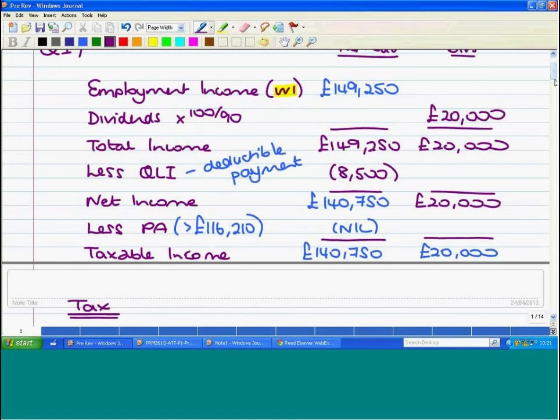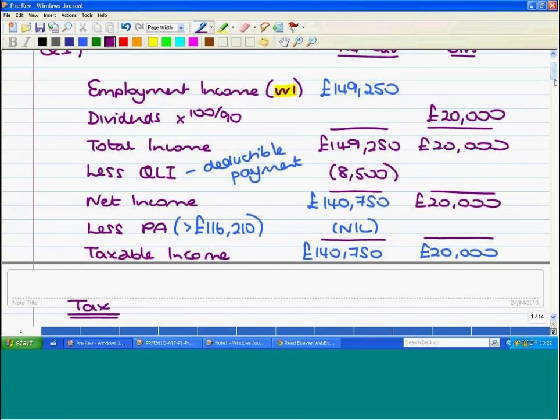Now, one thing just to consider here, it wouldn't be as straightforward as saying, well, his income's 160,750. Do remember it's based on net adjusted income, so we would also take into consideration any gross gift aid or personal pension contributions. So those would always be deducted in terms of looking at what our net adjusted income is.